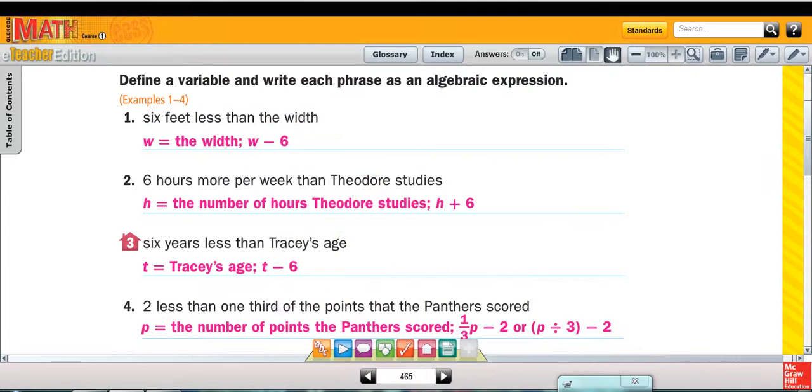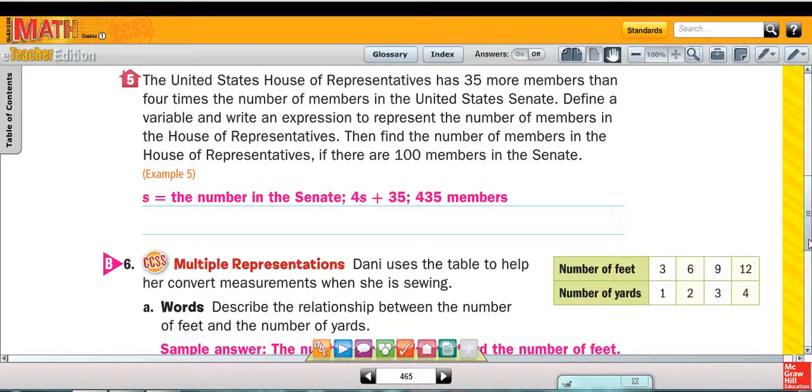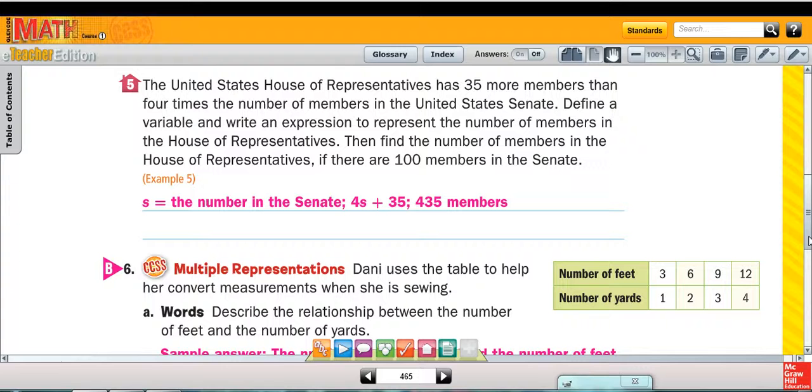Okay, let's go ahead and go down then to question 5. This one again was a little tricky for us. We had to really break it apart. It says the United States House of Representatives has 35 more members than 4 times the number of members in the United States Senate. Define a variable and write an expression to represent the number of members in the House of Representatives.